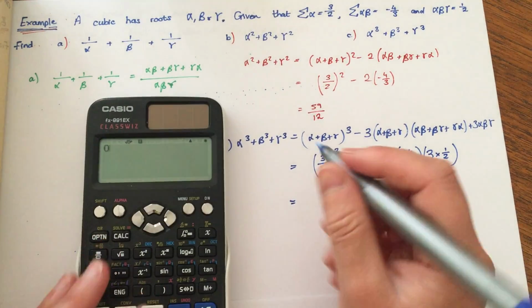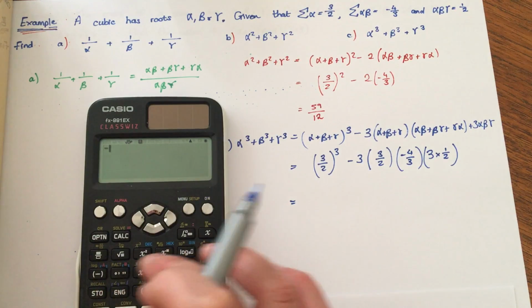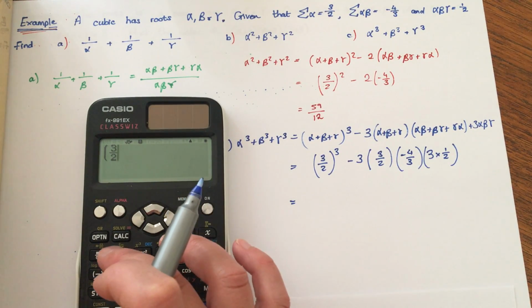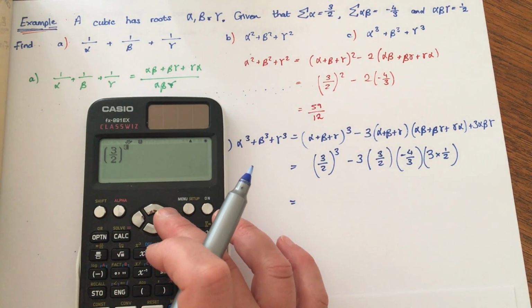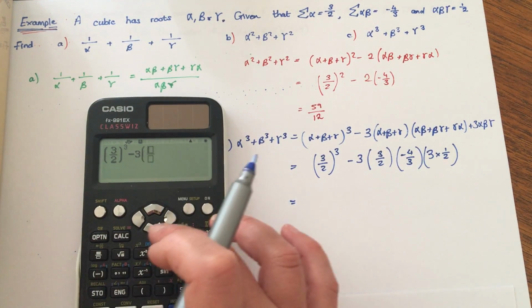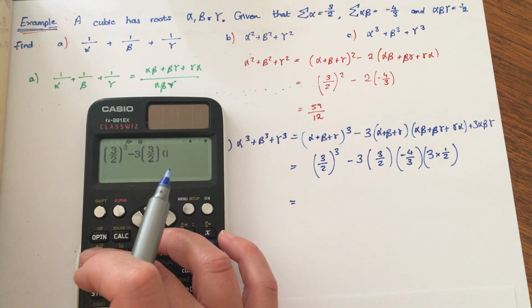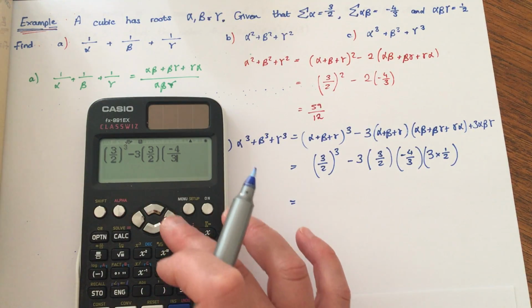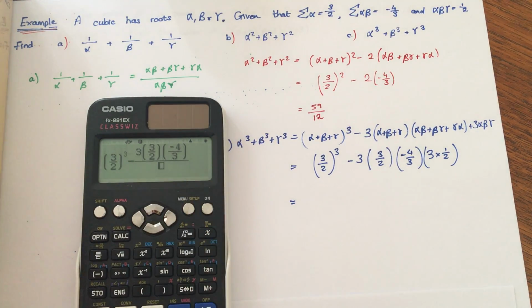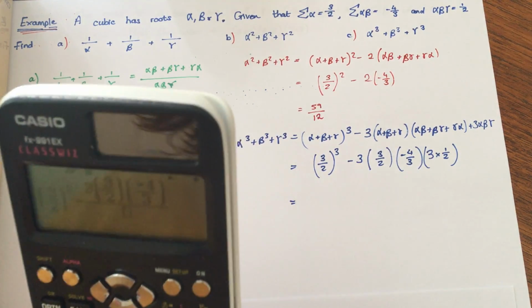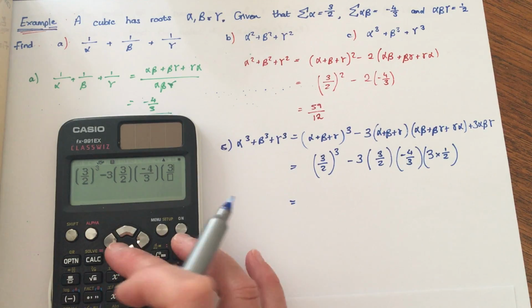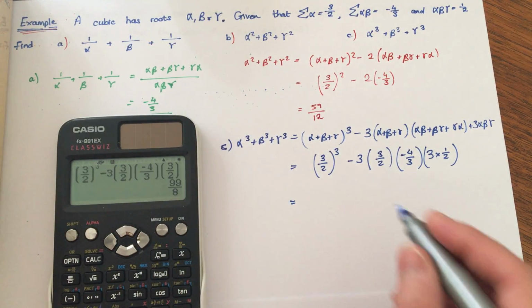If we work all that out, 3 over 2 cubed minus 3 lots of 3 over 2 times minus 4/3, plus 3 times a half, so 99/8.